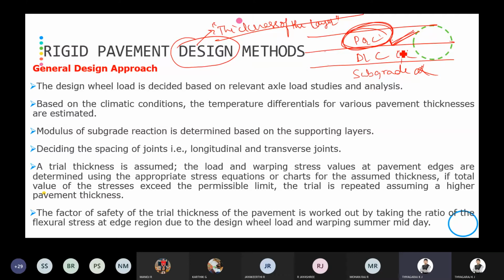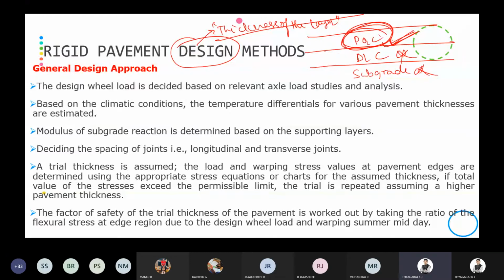The basic difference between the design of rigid pavement and flexible pavement is this: in the flexible pavement we design the thickness of each individual layer, but in the rigid pavement we design only the CC slab thickness. That is what we call the design of rigid pavement.